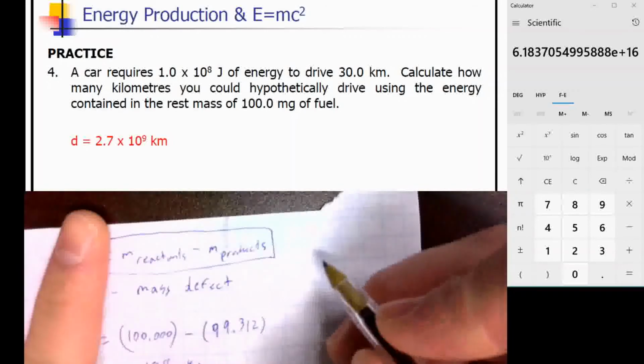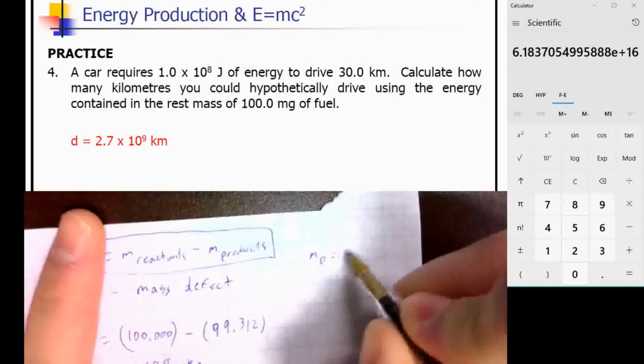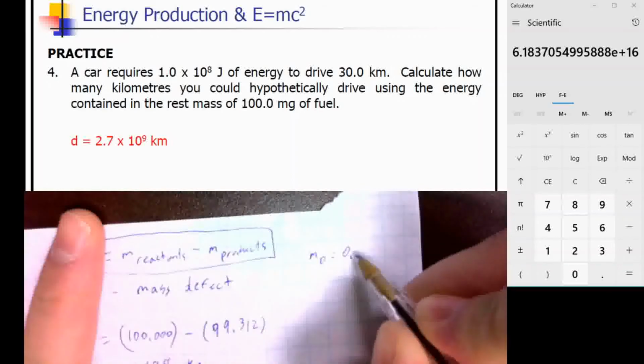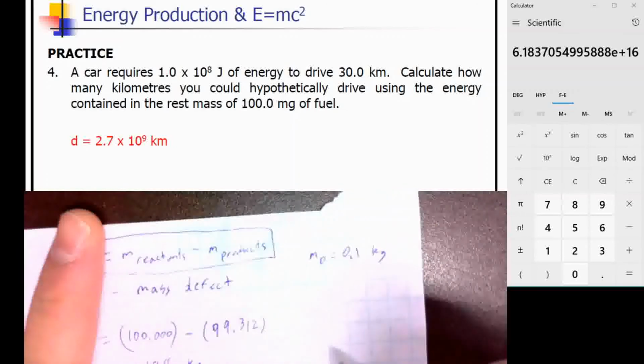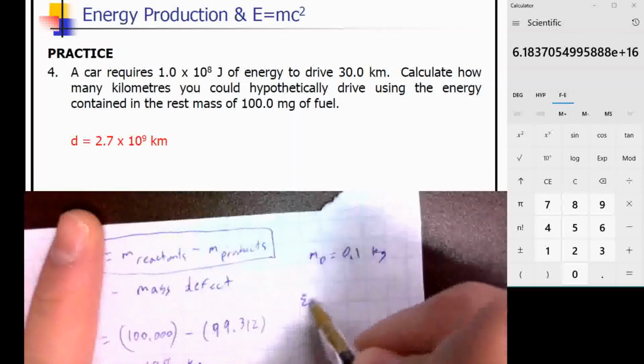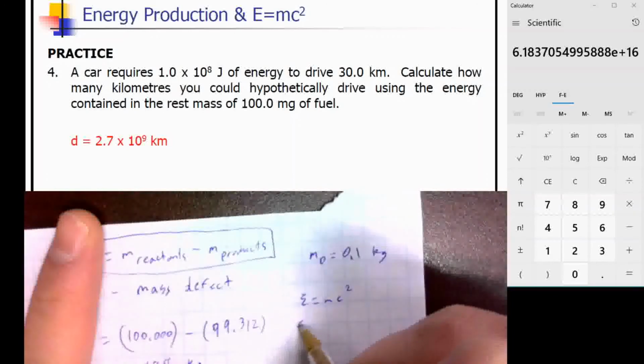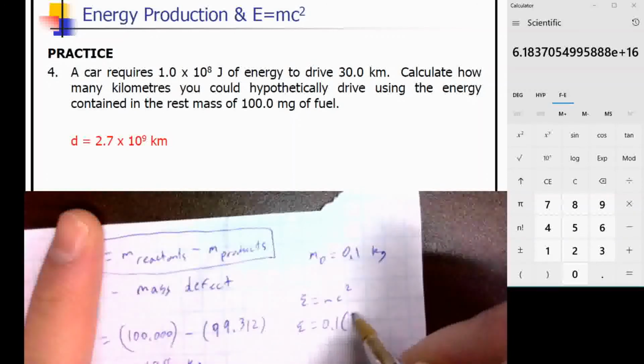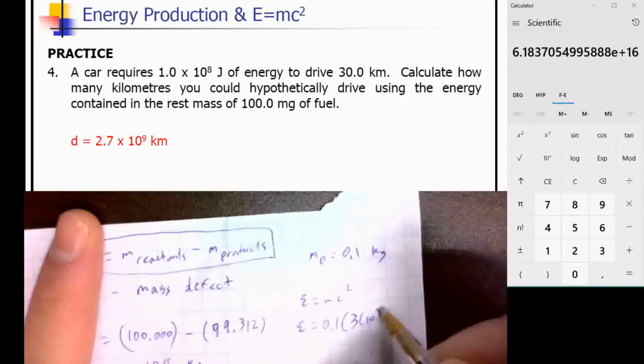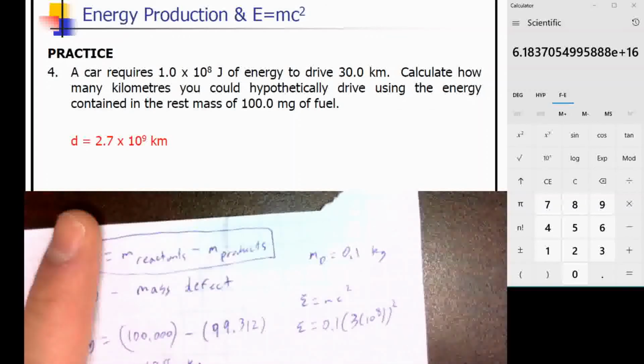So here our mass defect would be the 0.1 kilograms of fuel. So our E equals mc squared. Our 0.1 times 3 times 10 to the 8 squared.